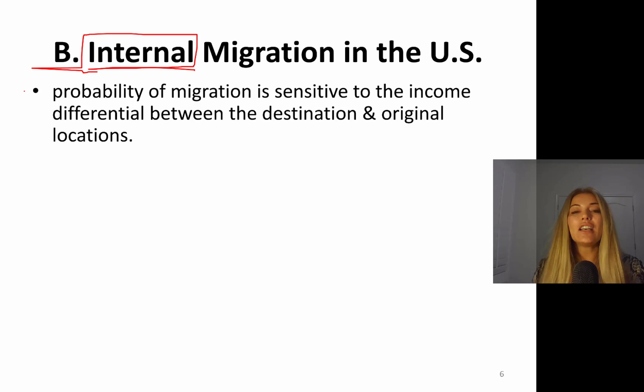migration facts. So probability of internal migration depends on certain things. The most important determinant is the income differences between the destination and the location of origin. So if you have high earning power at a comparatively similar living standard city, you're going to move.